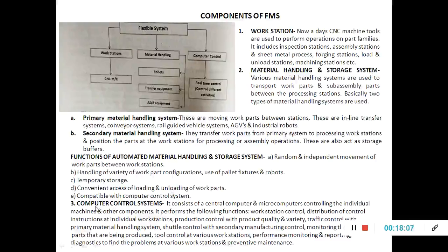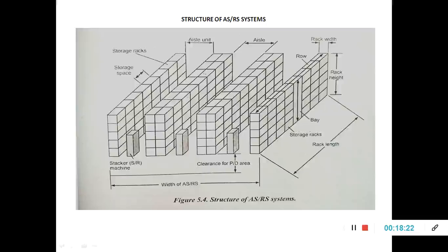So that is the third part, known as a computer control system. So components of FMS are, one is workstations, second one is material handling and storage system, third one is the computer control.